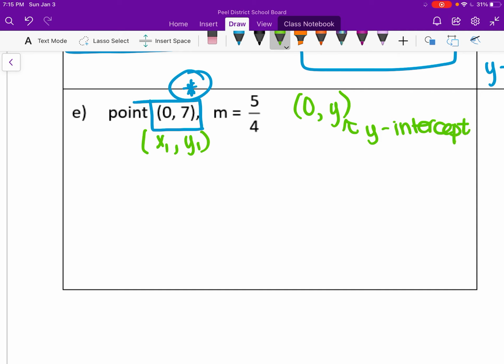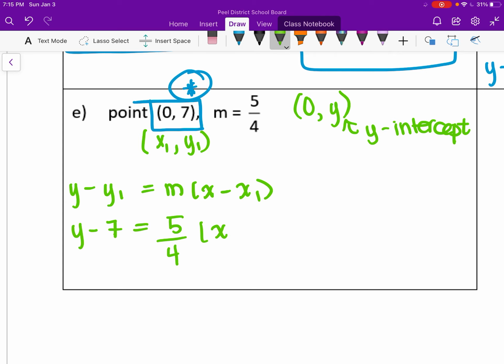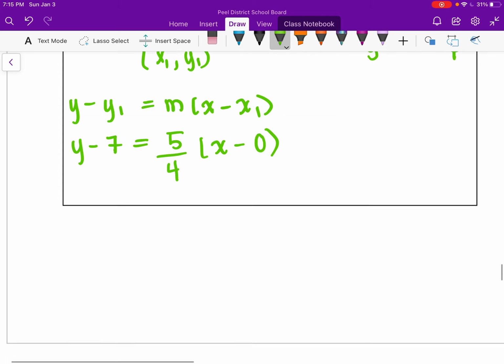And that's just something important to remember. So again, we're going to do y minus y1 equals m times x minus x1. Right? So y minus 7 equals 5 over 4 times x minus 0. Right?